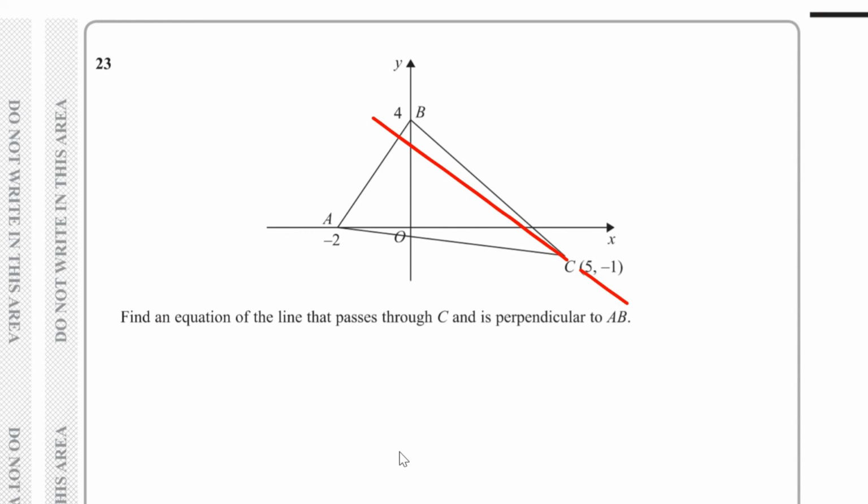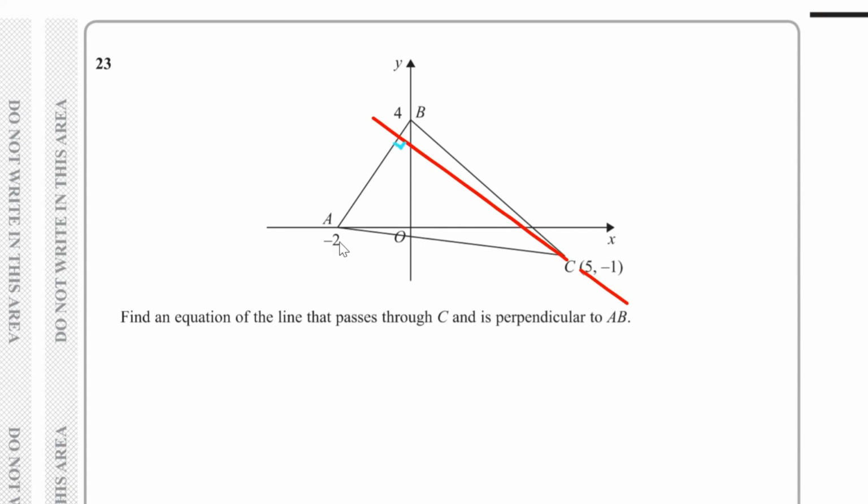Now, let's think about how we can do this. First of all, we need to find the gradient of AB. From that, we can find out the gradient of this line here in red, because these are perpendicular to each other.